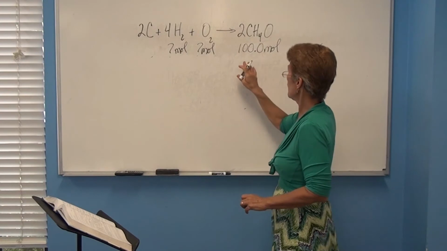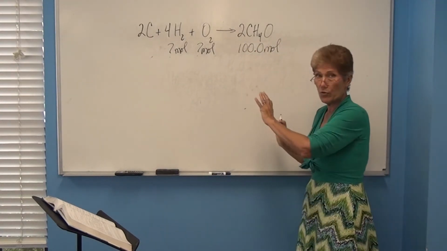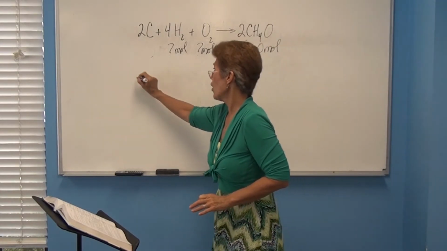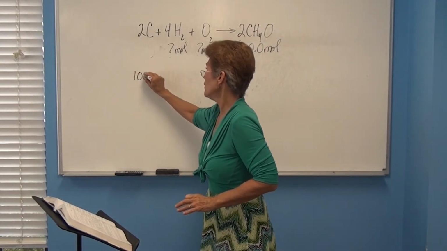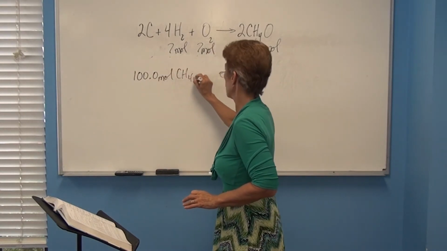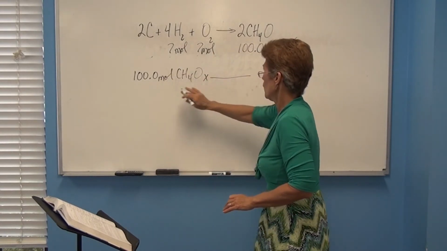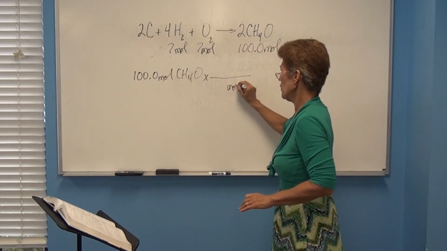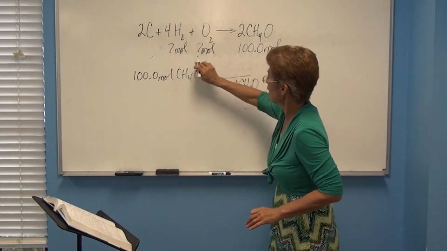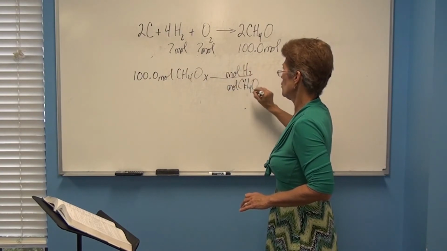All right, so let's do the hydrogen first. We always start where our numbers are and drive to where our question mark is. So we're going to write our given again, 100 moles of methanol, times line. Whatever's here always goes here. And now we're trying to get moles of H2.